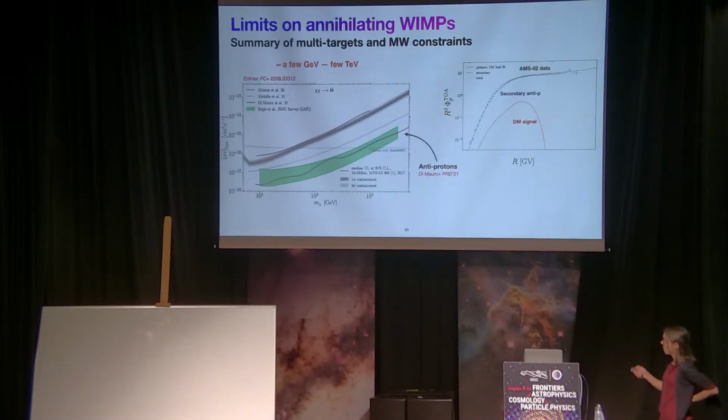But really what dominates in this mass range are not photons, but searches for dark matter in antiprotons and searches for dark matter at radio wavelengths. In antiprotons, what you can do is use the measurement of the antiprotons from AMS. From the point of view of cosmic ray physics, you only expect antiprotons to be produced by spallation, which I discussed yesterday.